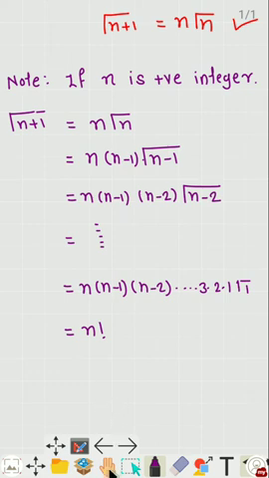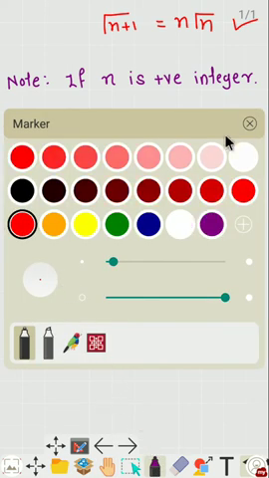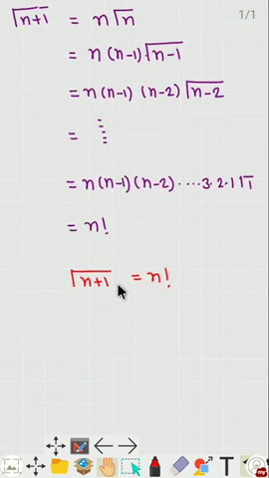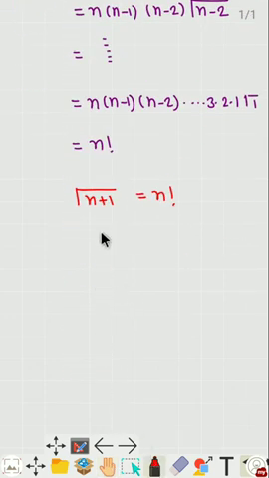So finally, therefore we have a new result for the gamma function, and that result is gamma n plus 1 is equal to n factorial. Or we can write gamma n is equal to n minus 1 factorial.